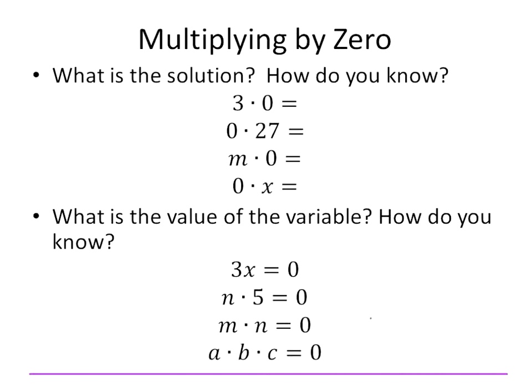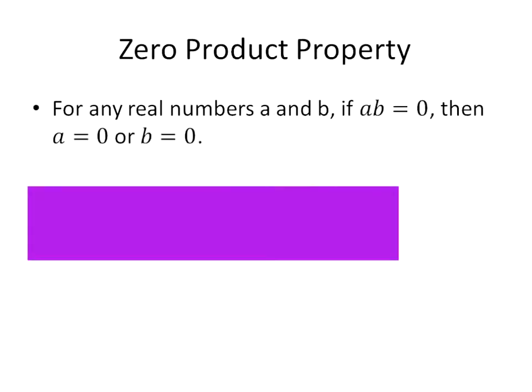All right? So keeping that idea in our head, we're going to use that idea a little bit later. But that idea of if you multiply numbers together and the answer is 0, one of them has to be 0. It's called the zero product property. And we're going to use this idea today.